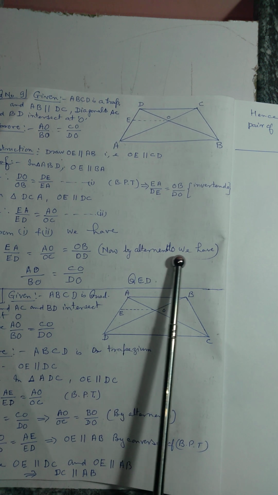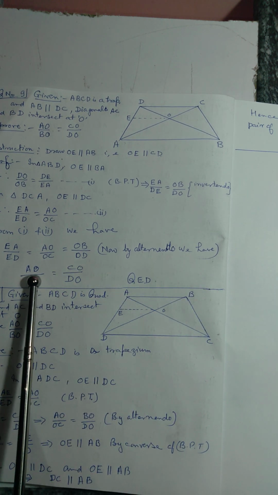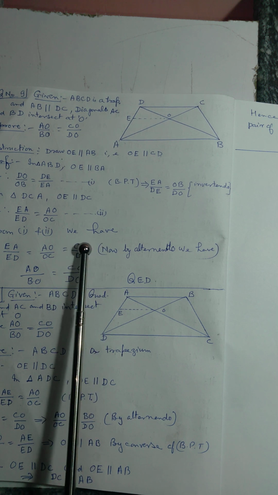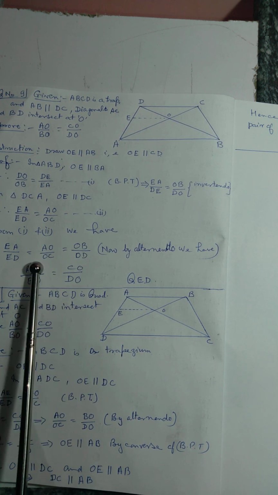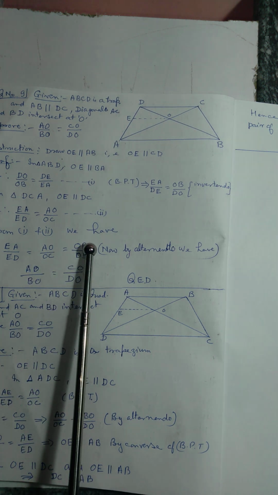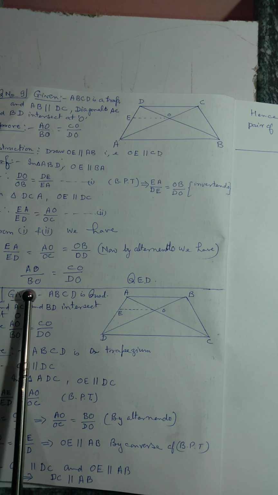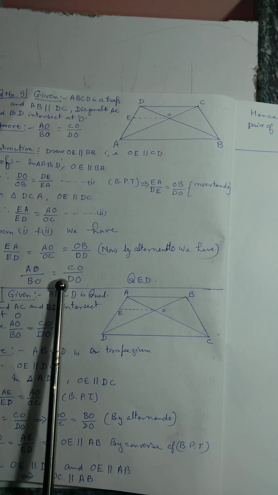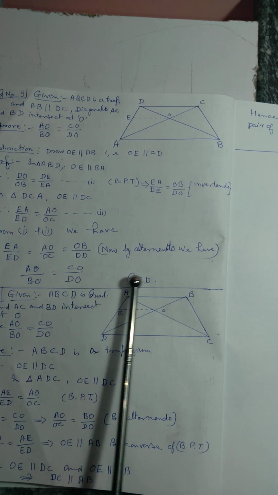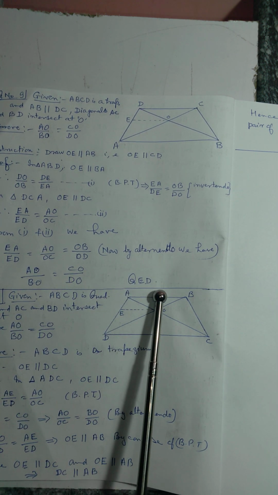Now by alternando we have AO upon BO. You see, just by changing the place of these two, AO upon OB, OB will come here and OC will go at this place. So AO upon BO will be equal to CO upon DO, and it was to be proved. QED.